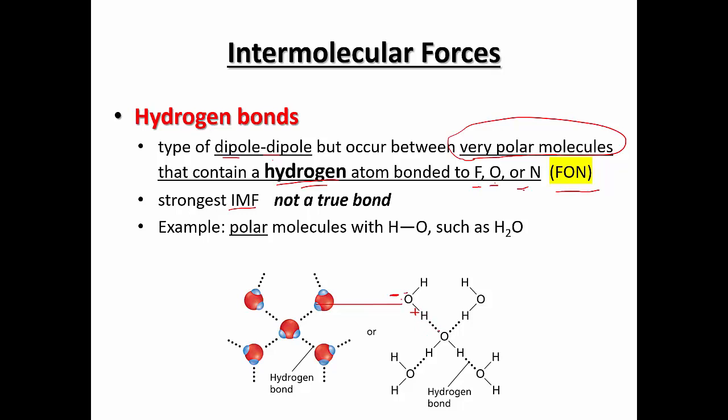So that positive part wants to attract to the negative part of the oxygen. Positive here attracts to the negative of the next one, the positive to the negative. So we're getting that attractive force between hydrogen when it's bonded to an oxygen, fluorine, or nitrogen.